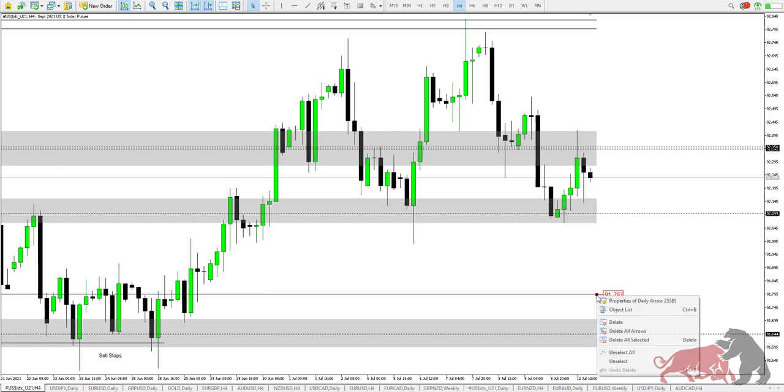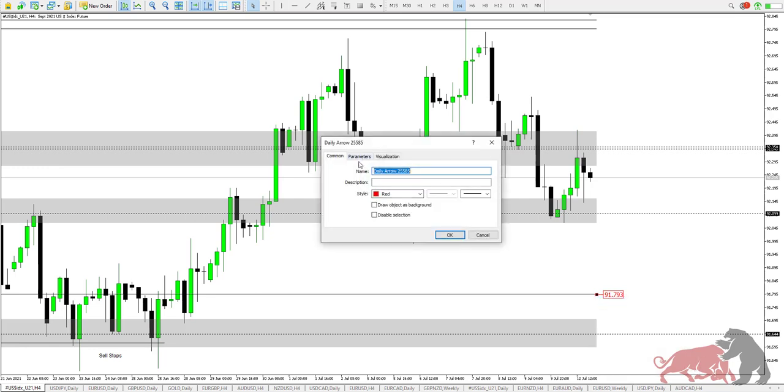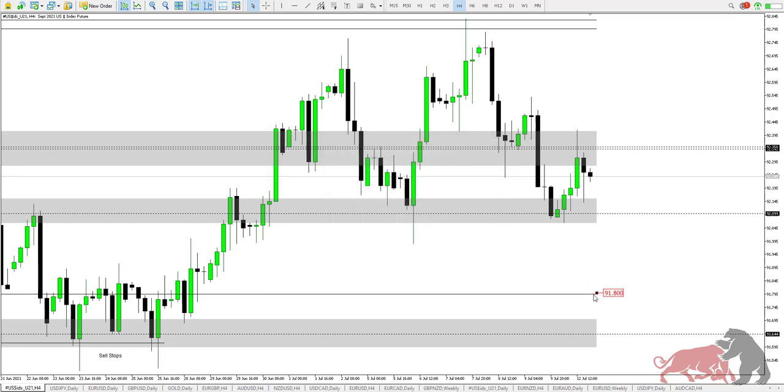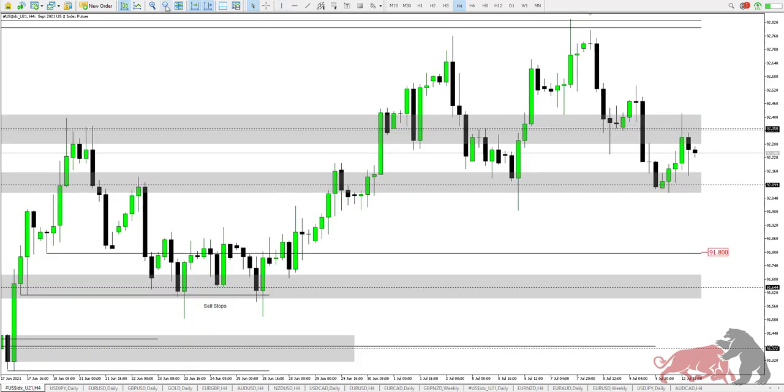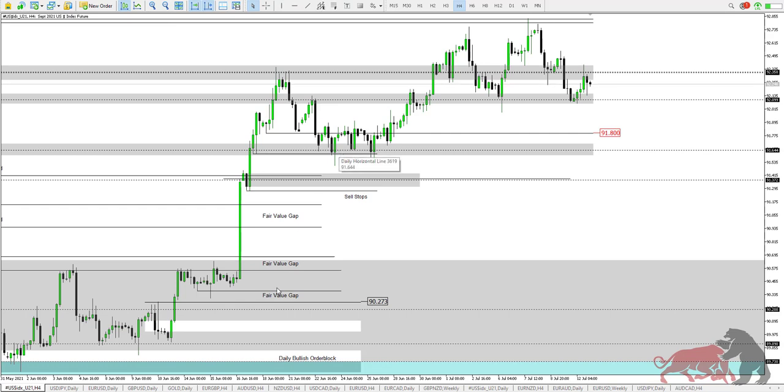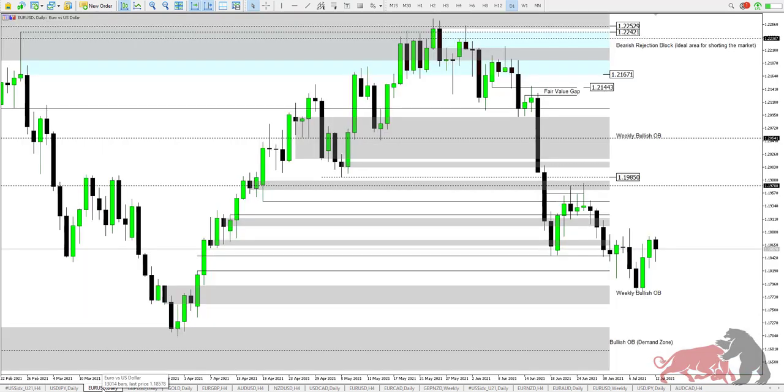Wait, let me just highlight that correctly. 91.80. That is your ideal area for longs also, and 91.644.